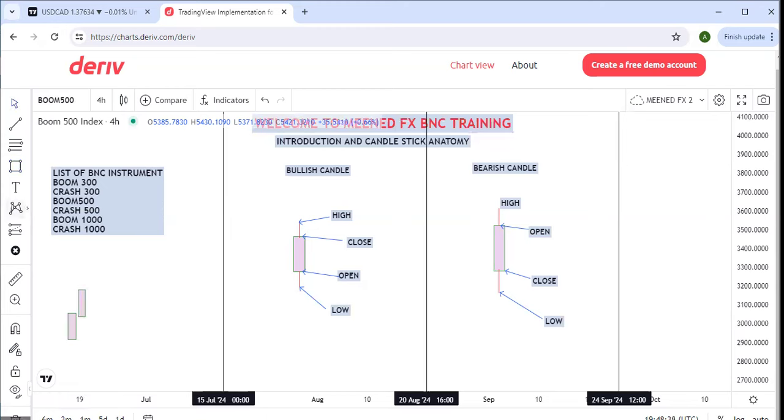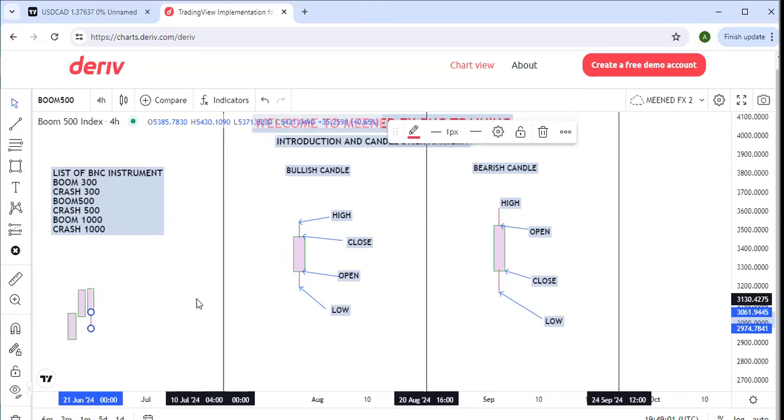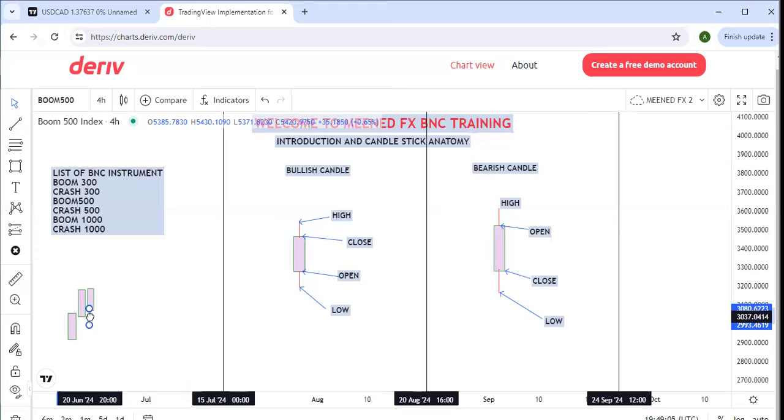The moment another candle comes, probably with a wick, and goes below the previous candle like this, even if it is just the wick that happened to hit, not even the body, what we call this is also liquidity taking.